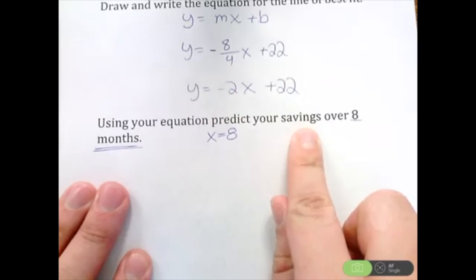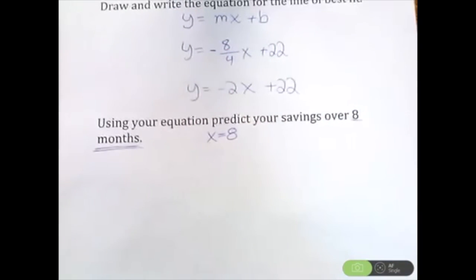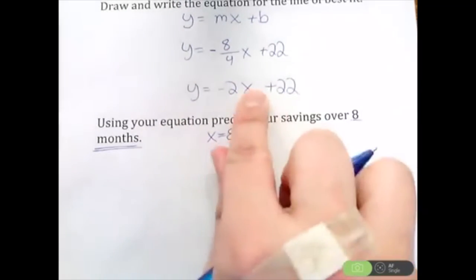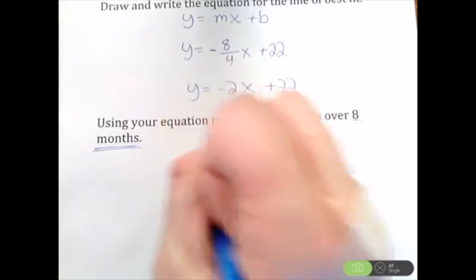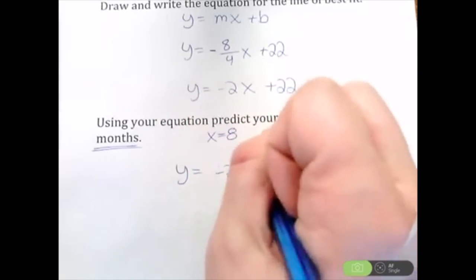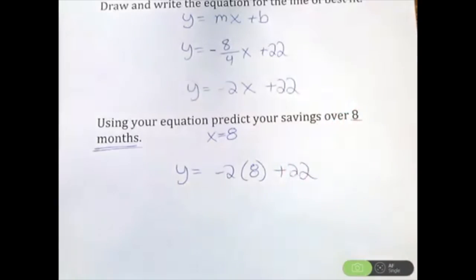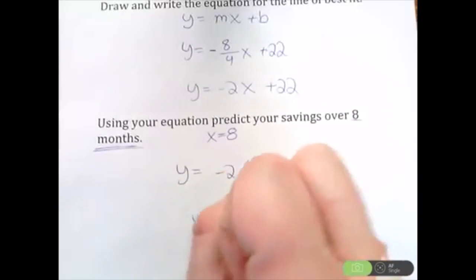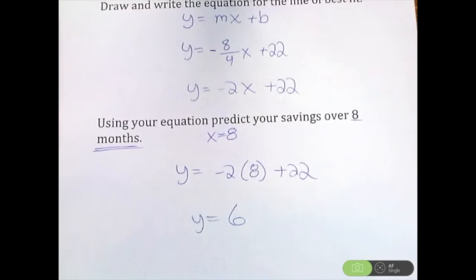They want to know about savings, which we saw up top is y. So let's plug in 8 and see what happens. y equals negative 2, parentheses 8, plus 22. If you plug that in your calculator, you're going to get y equals 6. That was scatter plots and finding the line of best fit.